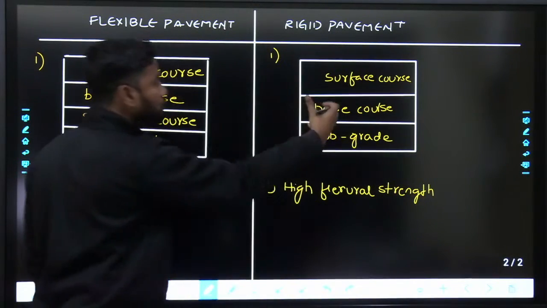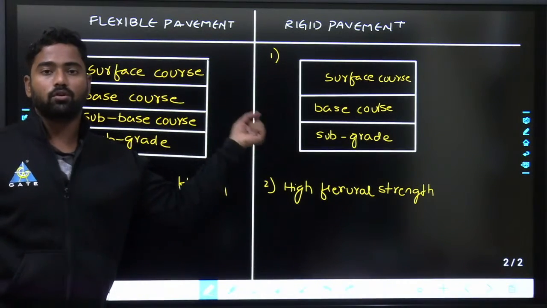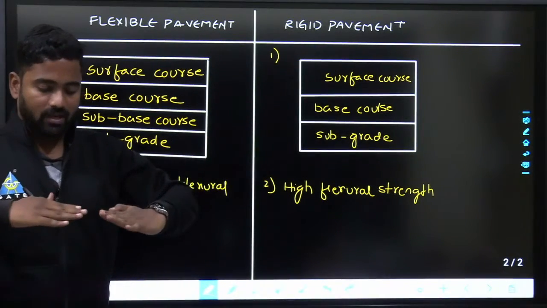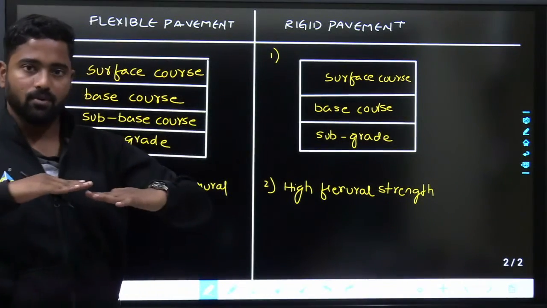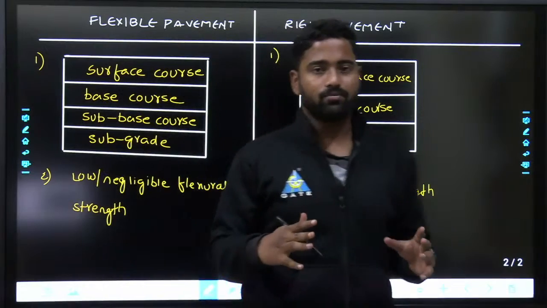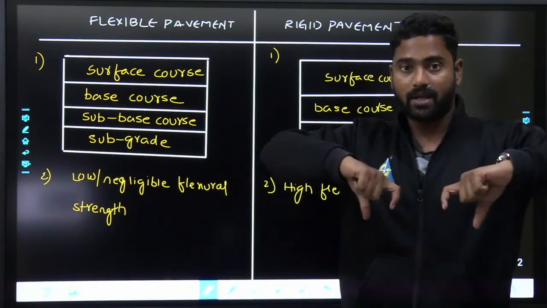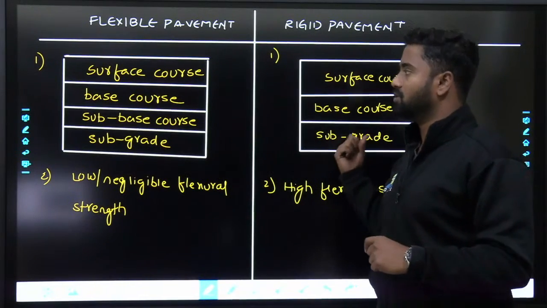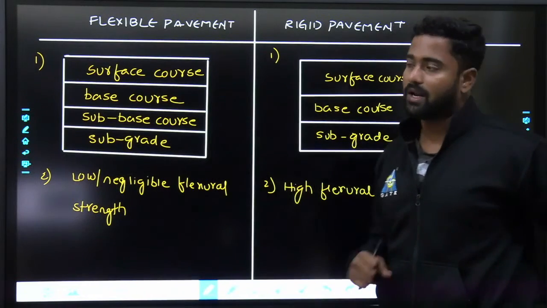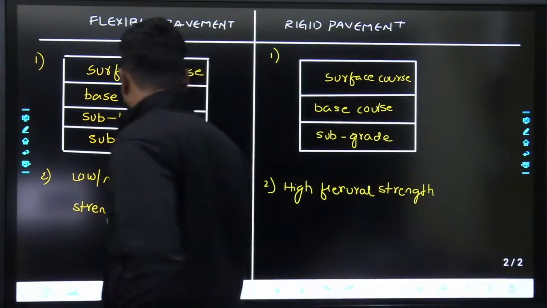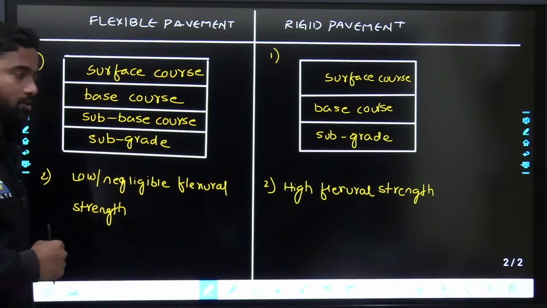See, the strength is more here, strength is less here, but elasticity is more here compared to here, right? That means if it has to expand, it expands and can easily come back in flexible pavement, whereas in rigid pavement that type of thing you don't see. If there is some failure, it breaks, brittle type of failure I am saying over here, right? So low or negligible flexural strength in flexible, and high flexural strength over here.